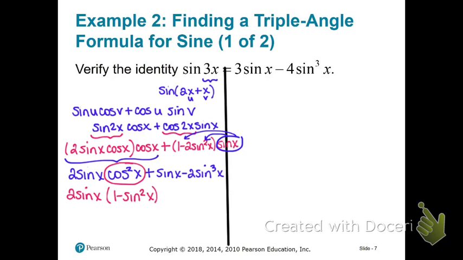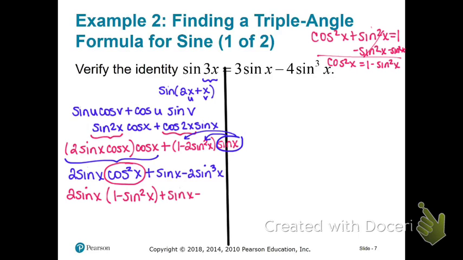That's our old identity, cosine squared plus sine squared equals 1, okay? If I subtract the sine squared from it, I would get cosine squared equals 1 minus sine squared, okay? And then I've got my plus sine of x minus 2 sine cubed of x.